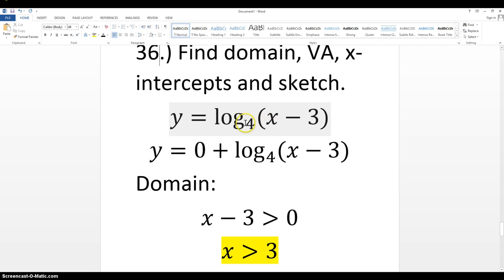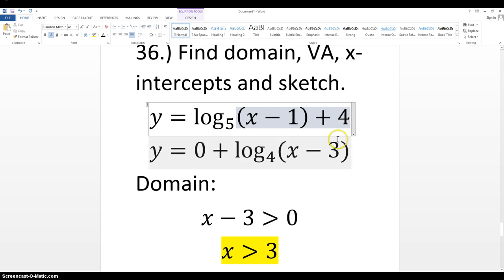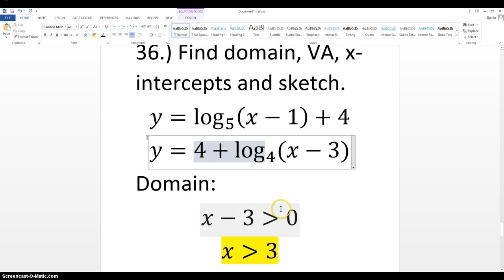We're in base 5 actually here, and we have x minus 1 and plus 4. In this case, the plus 4 is on this side, but if you want to see it in the exact same form, you can just rearrange everything and we can have the plus 4 here. So we really have 4 plus log of x minus 1 base 5.